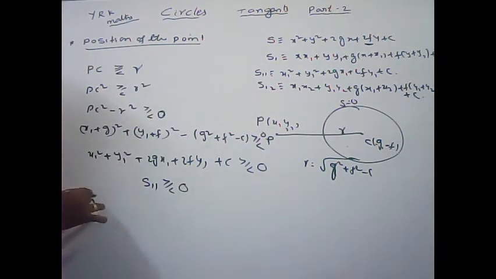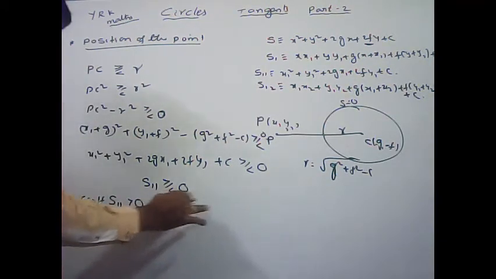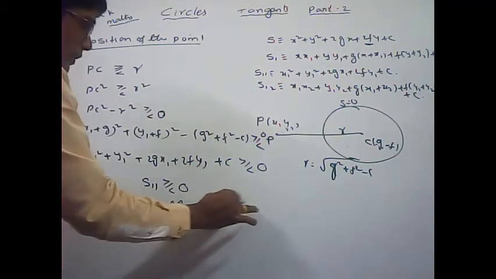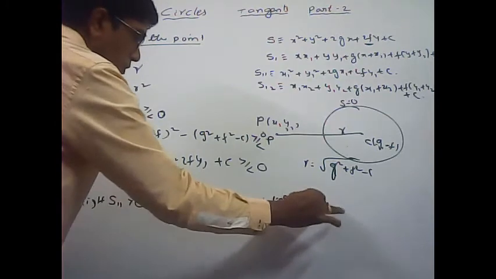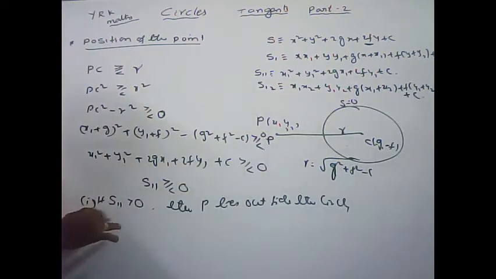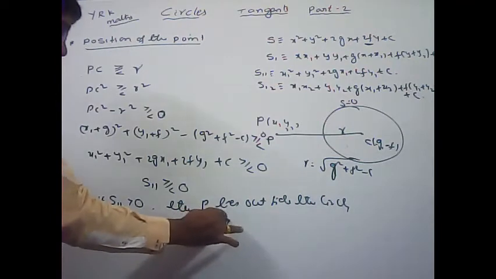Here three cases are there. If S11 is greater than 0, then P lies outside the circle. If S11 equals 0, then P lies on the circle.